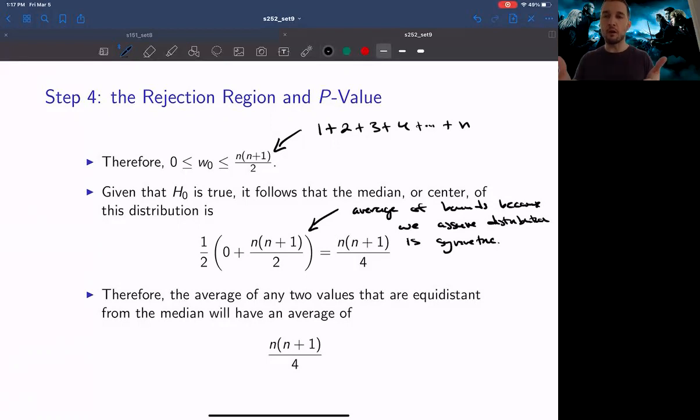It could be a bell curve. It could be a box. It could be bimodal. It just has to be symmetric. So under the assumption of symmetry, and given the null hypothesis is true, the median and the average are the same number. So that's why we can say that the median is at the average of the two bounds. And that gives us n times n plus 1 over 4.